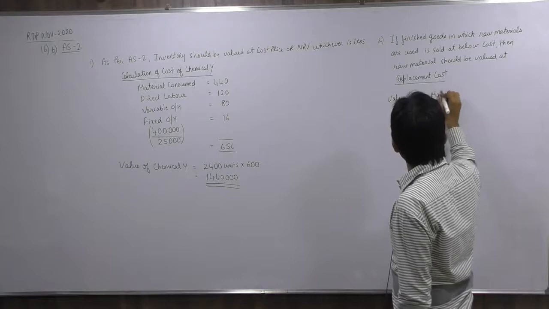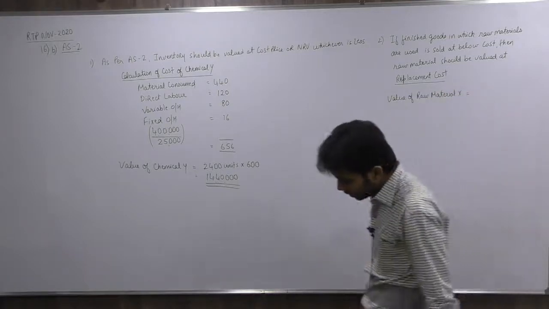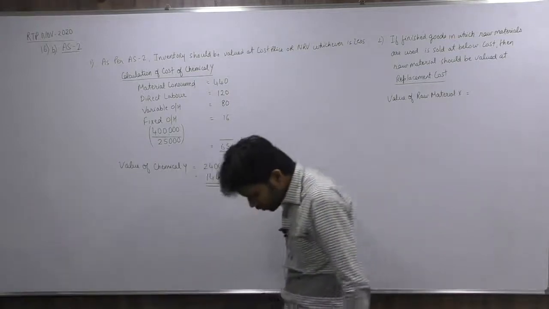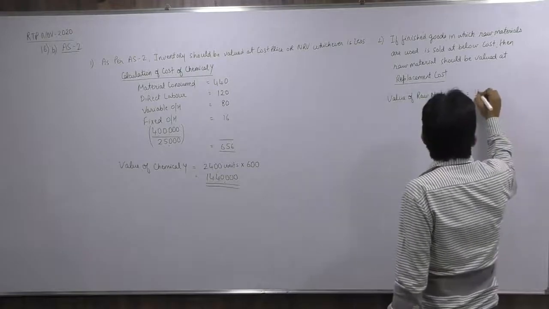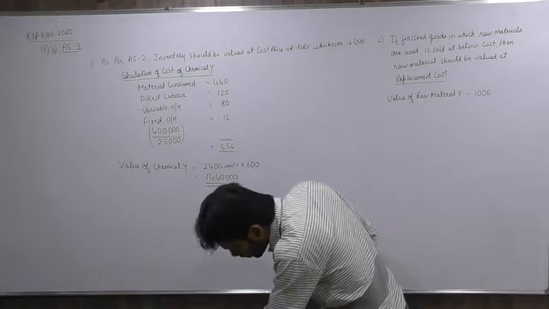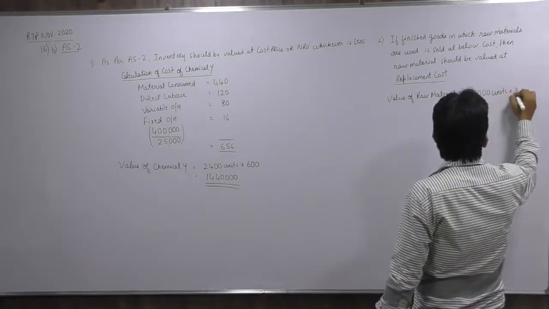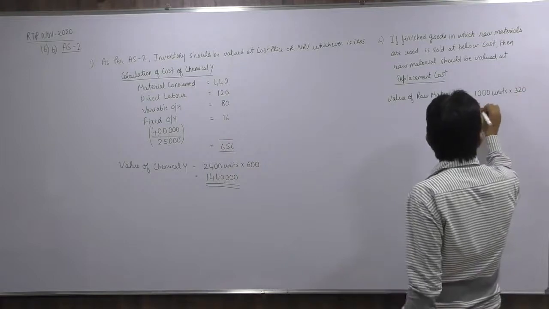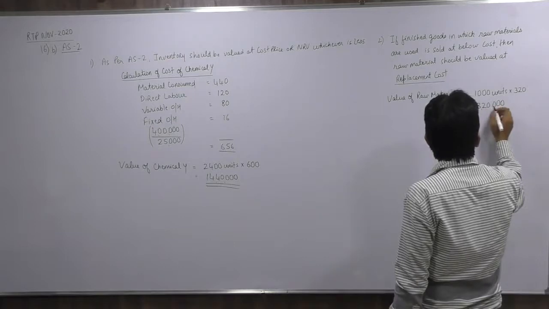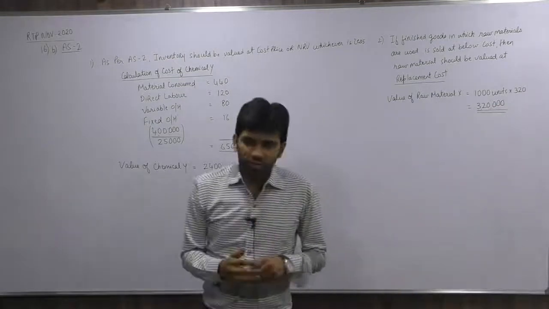Now the value of raw material X is equal to, what is the quantity of raw material? 1000 units into 320. 1000 units is written, yes. So 1000 units into 320 comes to 3,20,000. That's it. I hope you have understood the provision.